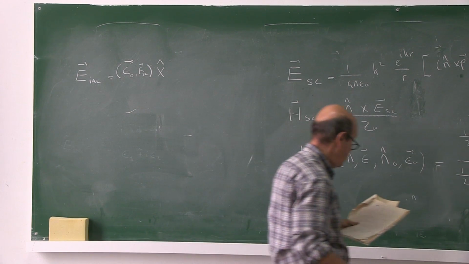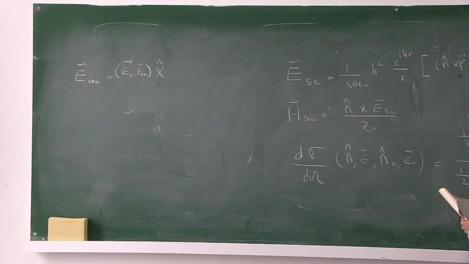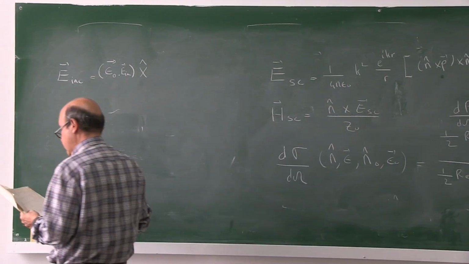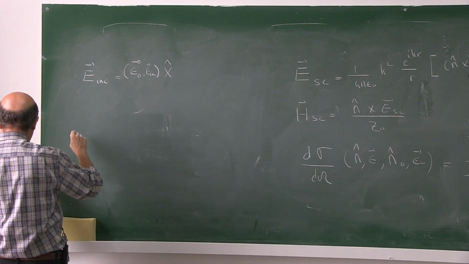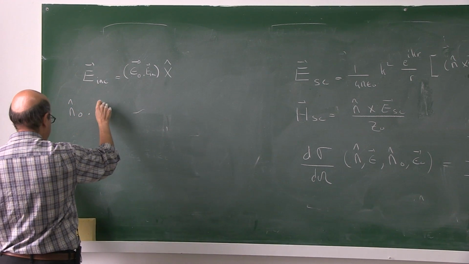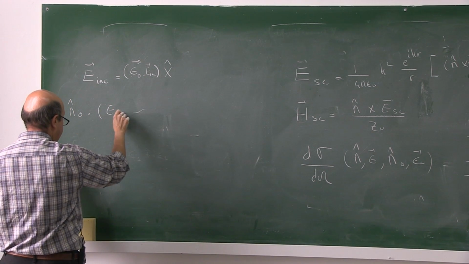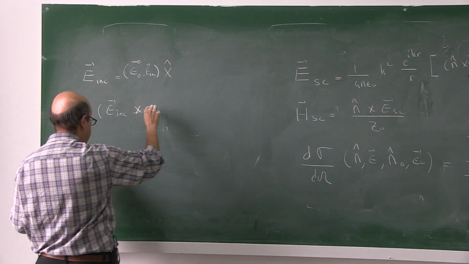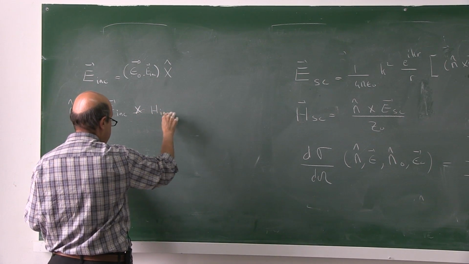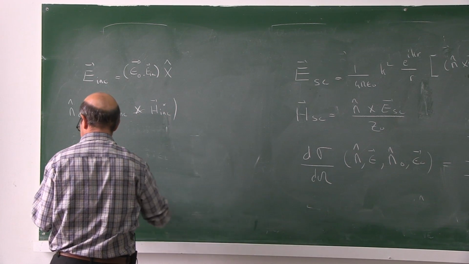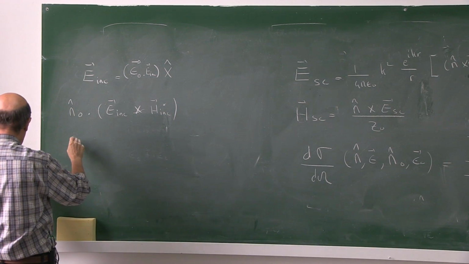So, n0 dot E incident cross H complex conjugate, the cross product with H complex conjugate, will be the following. n0 dot E incident cross H incident complex conjugate will be the following.